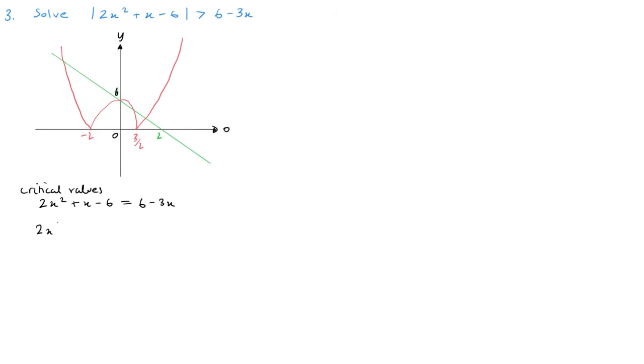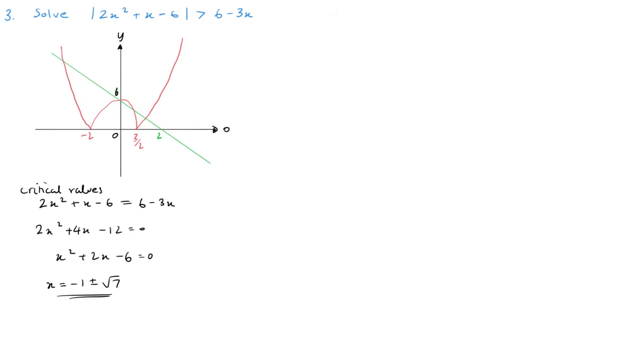So that's 2x squared plus 4x, sorry, minus 6, isn't it? So it's minus 12 equals 0. Dividing through by 2, we get x squared plus 2x minus 6 equals 0. And this won't factorize, so use the quadratic formula and we get minus 1 plus or minus root 7.